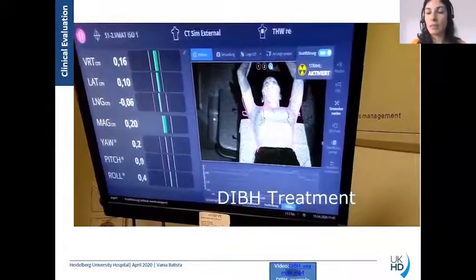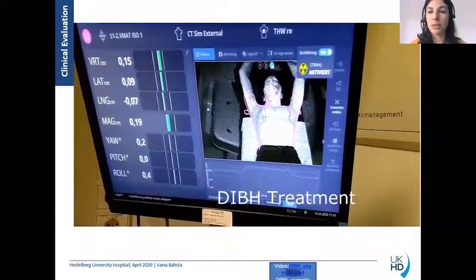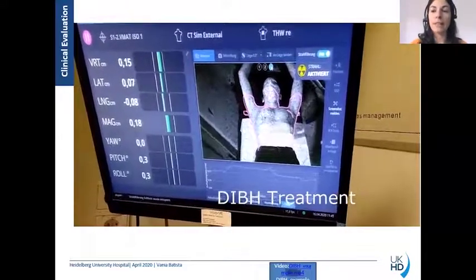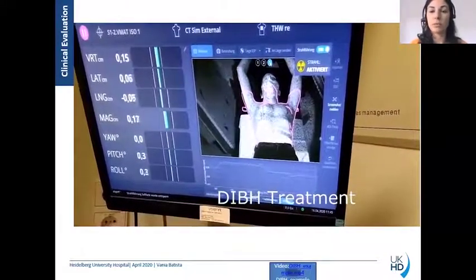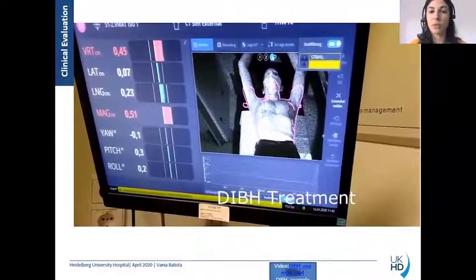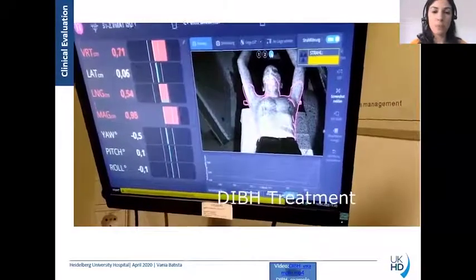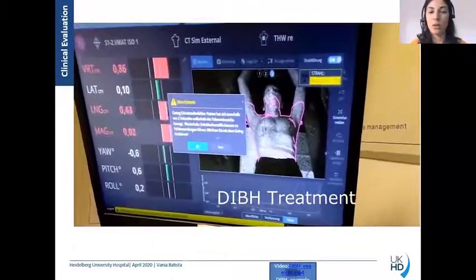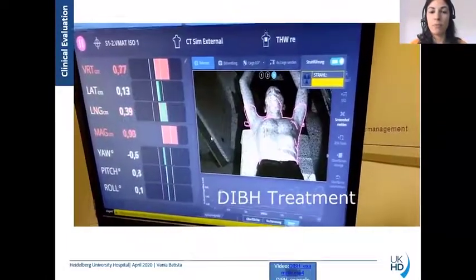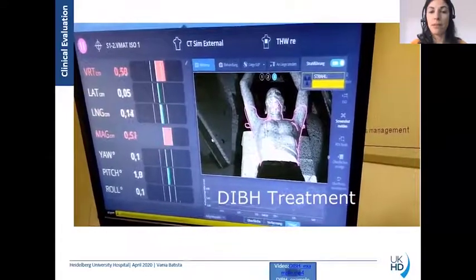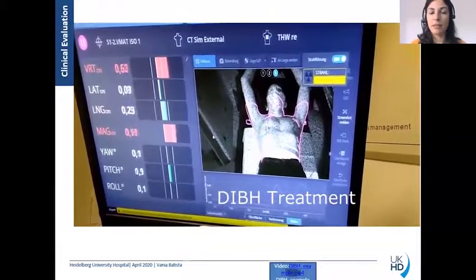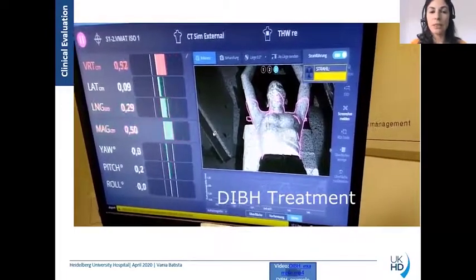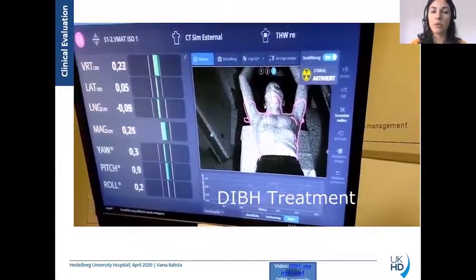And when the patient is comfortable to restart again, it is the patient's decision to hold the breath again, and then the Linac will restart the treatment. So here is the case where the patient is breathing normally. The Linac holds the beam. And after some seconds, she decides that she is able to continue again, and the treatment continues.